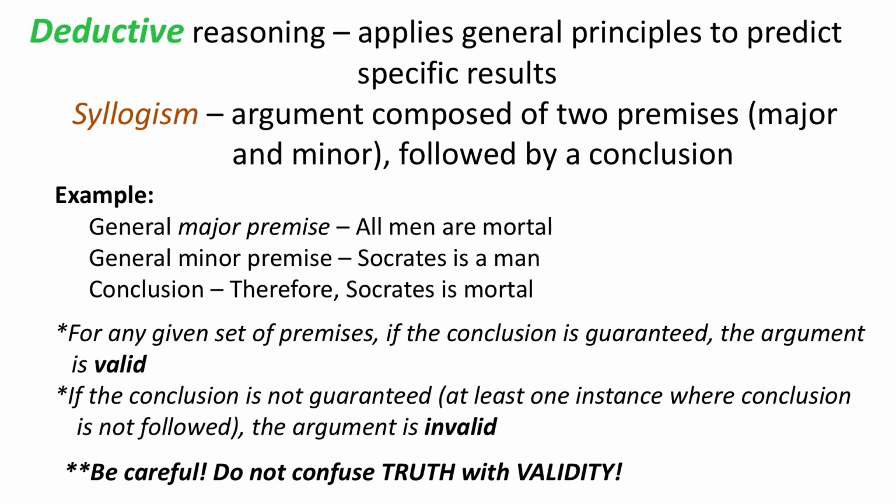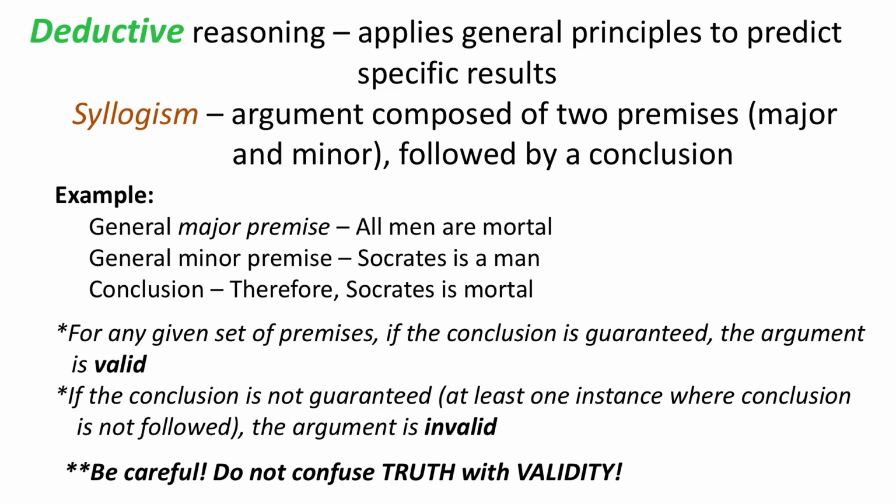It's important to remember that for any given set of premises, if the conclusion is guaranteed, the argument is valid. However, if the conclusion is not guaranteed, meaning that at least one instance where the conclusion is not followed is observed, the argument is therefore invalid.